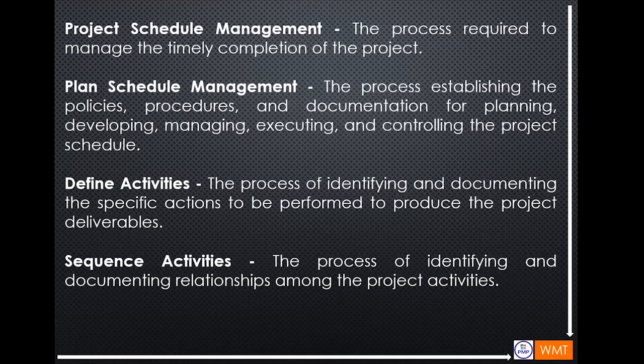Define activities: the process of identifying and documenting the specific actions to be performed to produce the project deliverables. And sequence activities: the process of identifying and documenting relationships among the project activities.